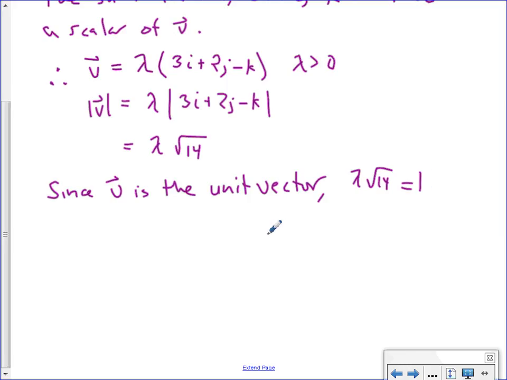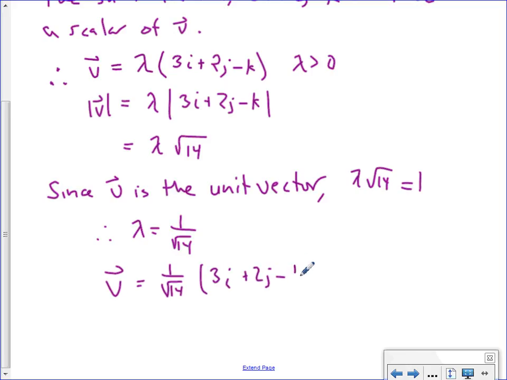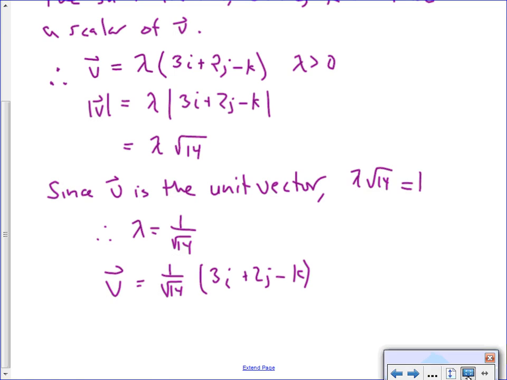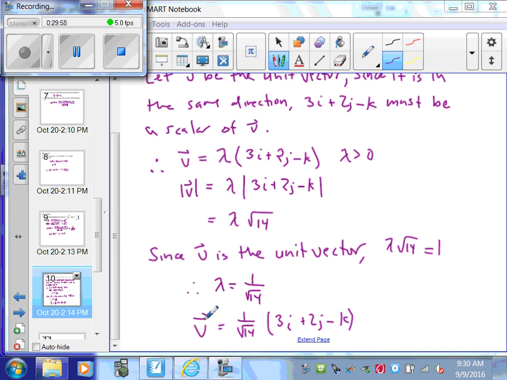Therefore, lambda has to equal 1 over root 14, and v is equal to 1 over root 14 times (3i plus 2j minus k). All right, Chick-fil-A break. Two more. Here we go.